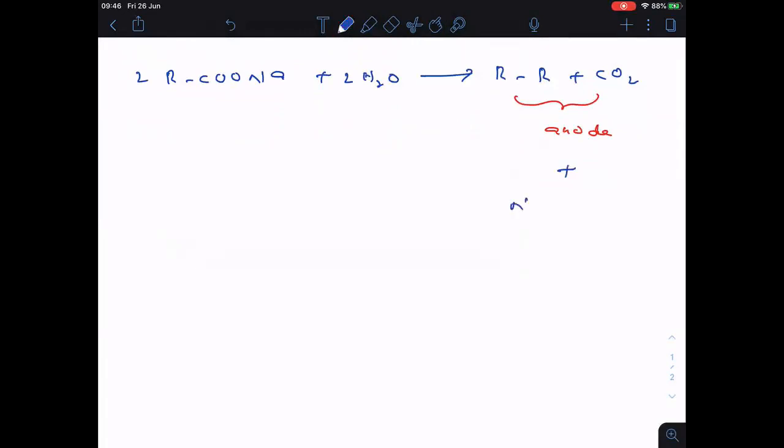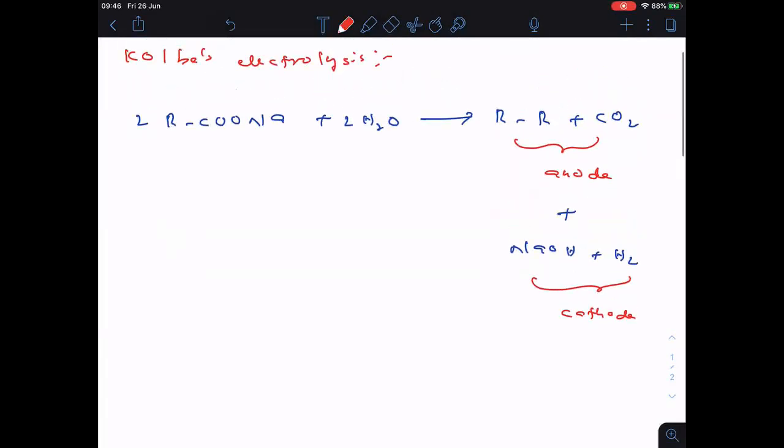Okay, next, total 4 products are formed. NaOH as well as H2. Remember, NaOH plus H2, these two are formed at the cathode. Followed.